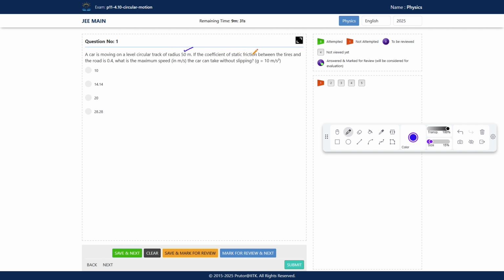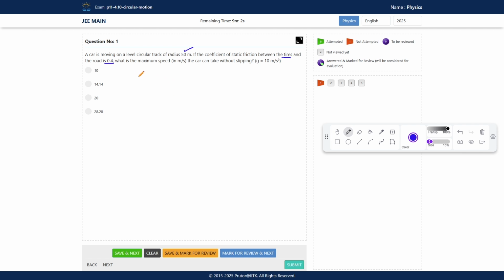If the coefficient of static friction between the tires and the road is 0.4, so here the coefficient of static friction is given, that is 0.4. What is the maximum speed in meter per second the car can take without slipping? And g equal to 10 meter per second square. So in this question you have to find out the maximum speed.